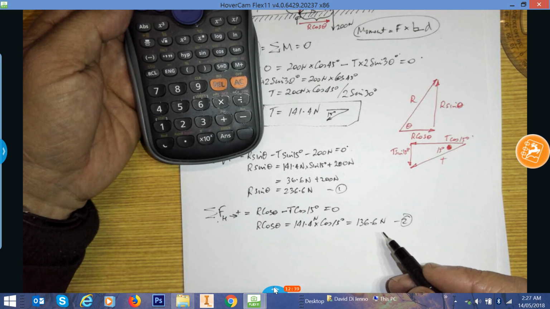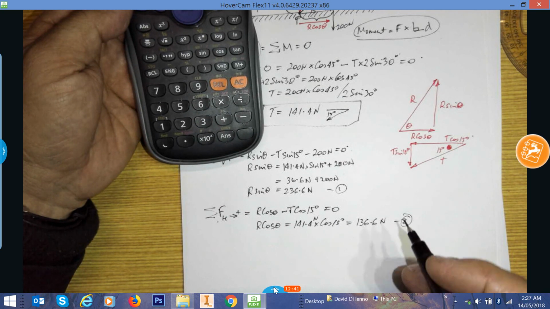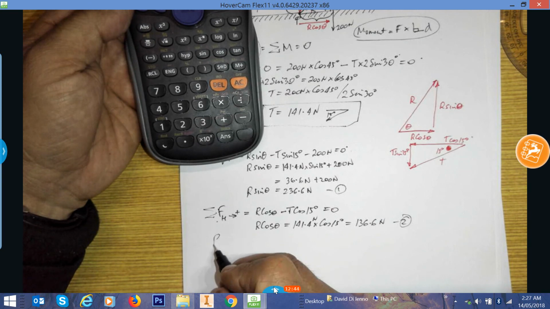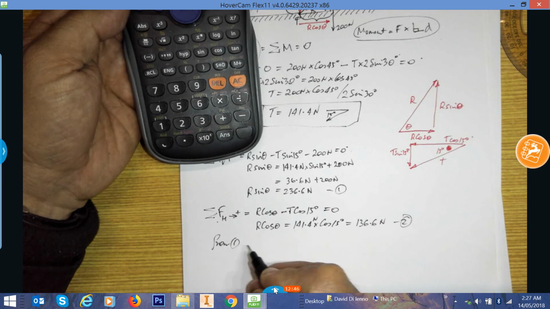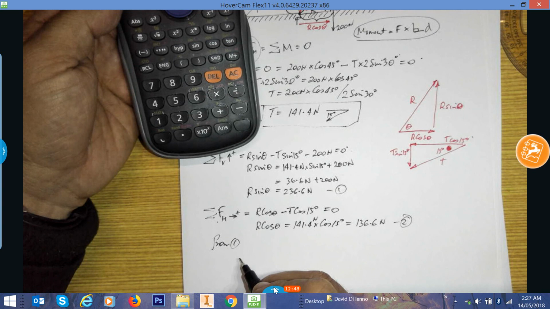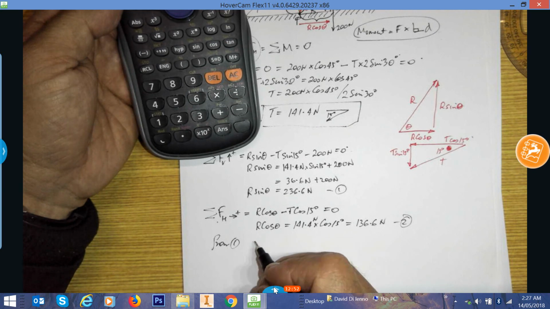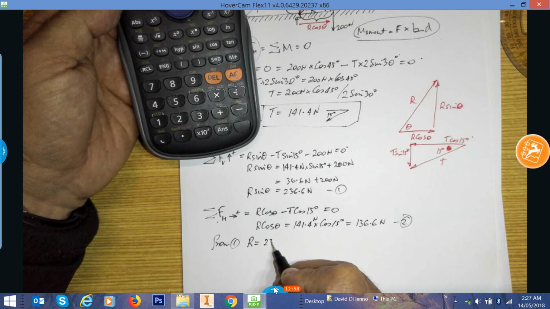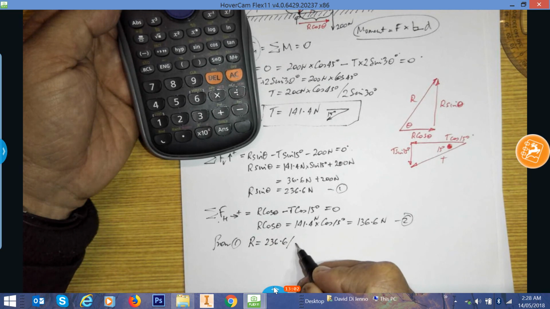Now, from equation 1, we can say that R is going to equal 236.6 all divided by sine theta.